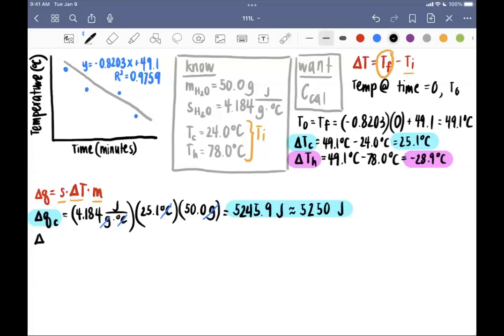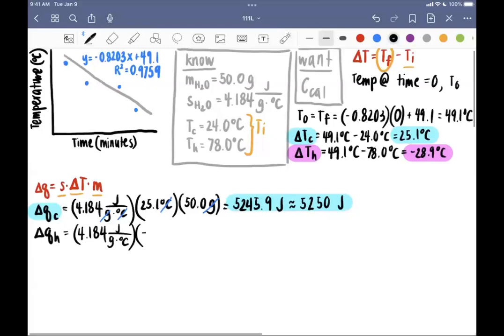Now I'm going to do the same approach for the hot water. So we'll say the specific heat is going to be multiplied by the change in temperature of negative 28.9 degrees Celsius times the 50 grams of hot water that were added to the cold water.